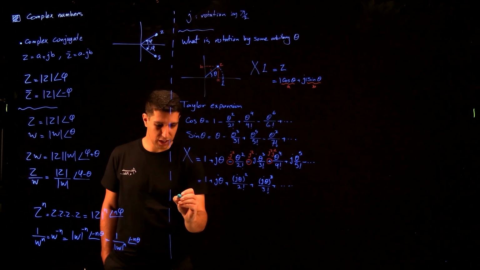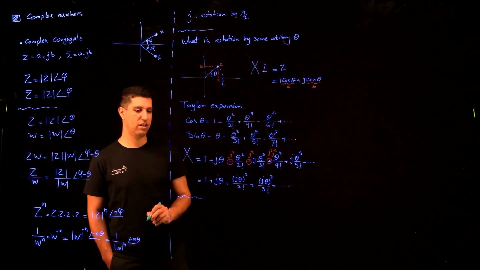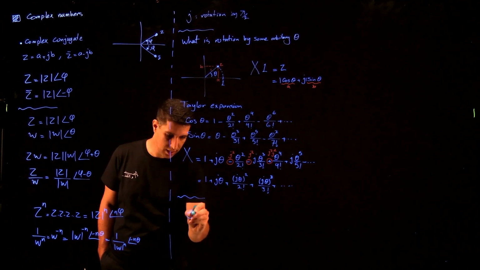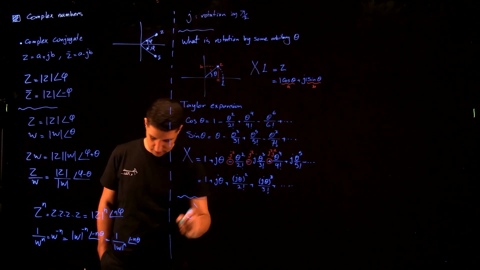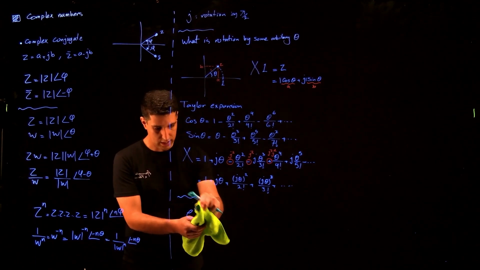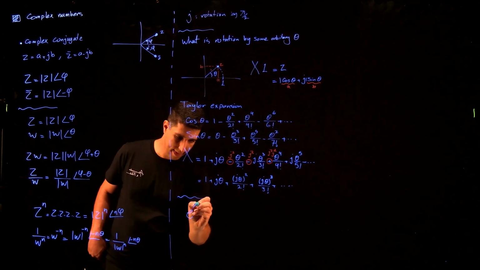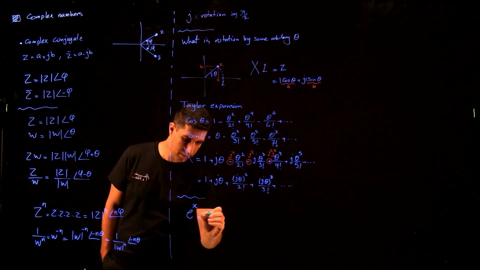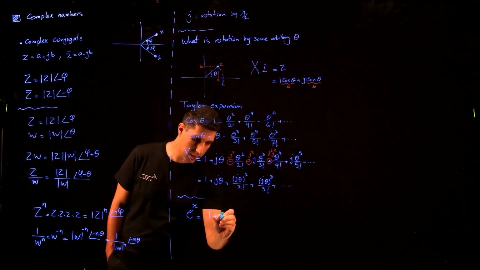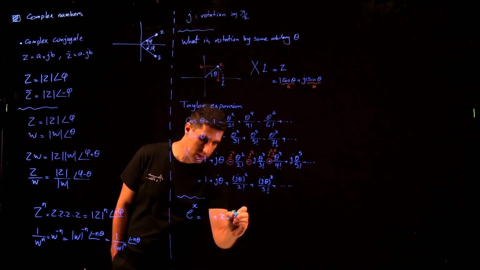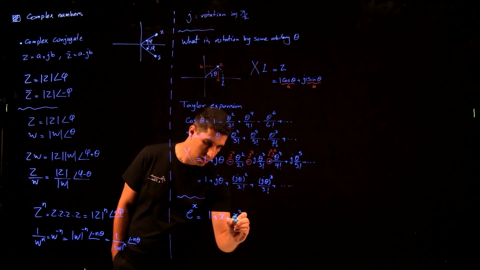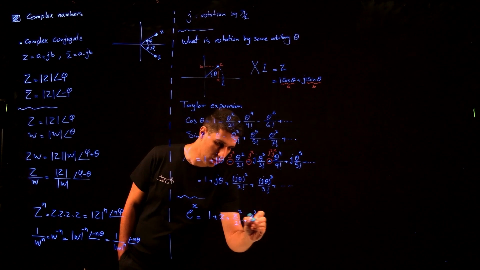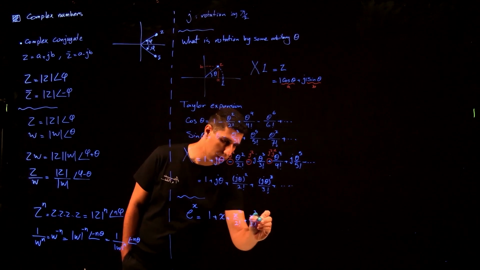If you are like me, extremely smart, you immediately see that e to the, maybe call it little x, e to the x, if you do the Taylor expansion, gives me exactly the same thing. 1 plus x squared over 2 factorial, x cubed over 3 factorial, dot dot dot.